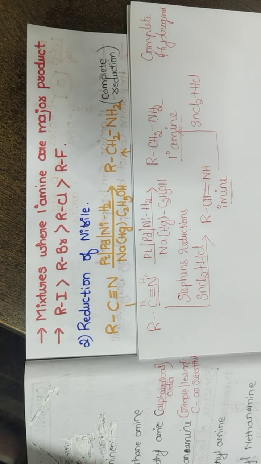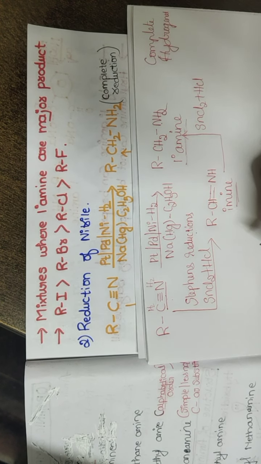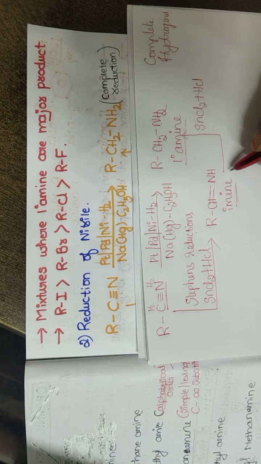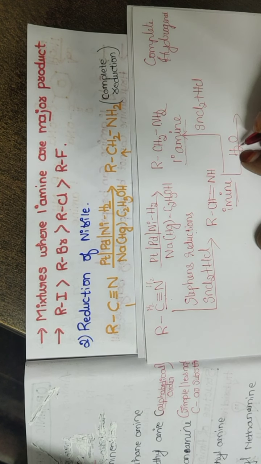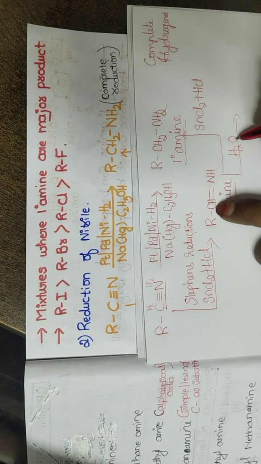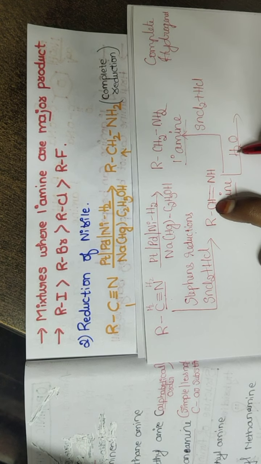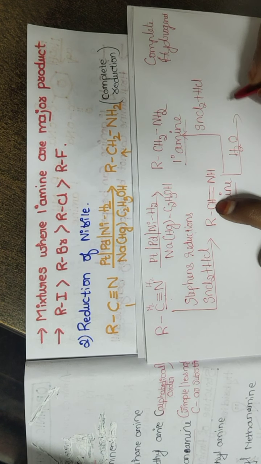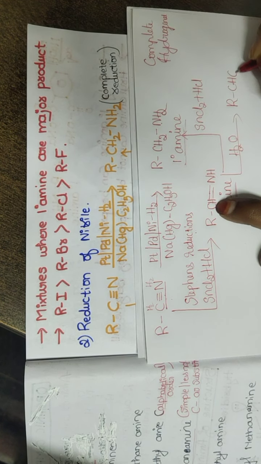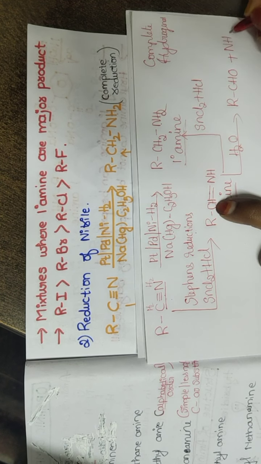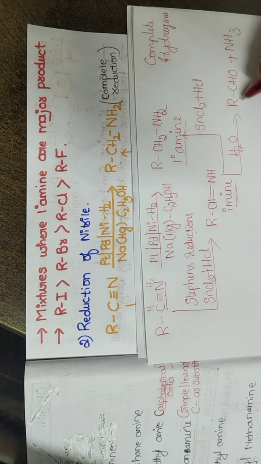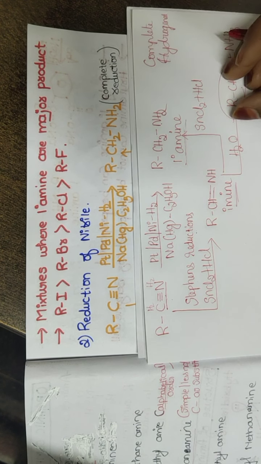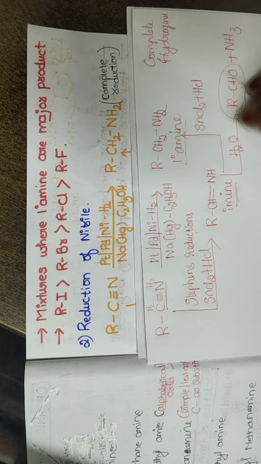Because Stephen's reduction is used only for partial hydrogenation, whereas the same imine on hydrolysis, where we add water, gets the oxygen atom added to carbon and the 2 hydrogens added to nitrogen, so that I end up with an aldehyde with ammonia formation. This is what we do in Stephen's reduction to end up with the aldehyde as a product in aldehydes, ketones and carboxylic acids.